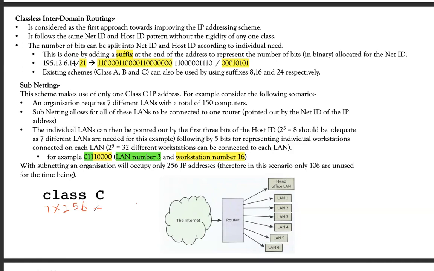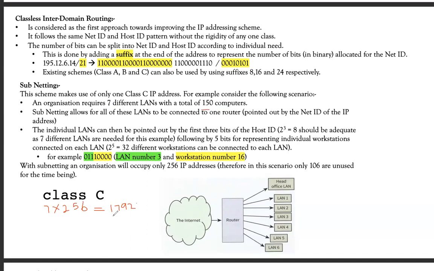So since I'm occupying 7, that would mean that I've got 1,792 different IP addresses.